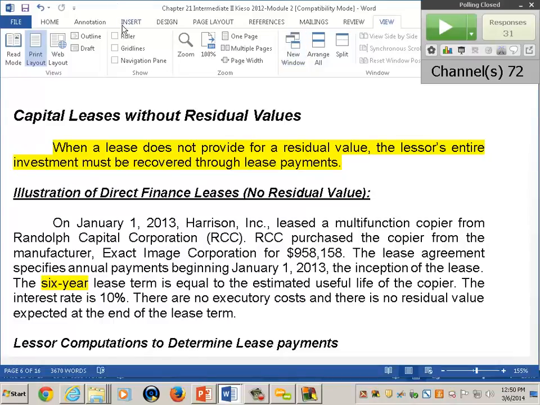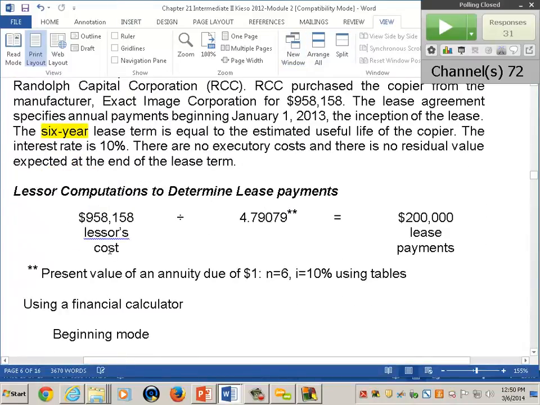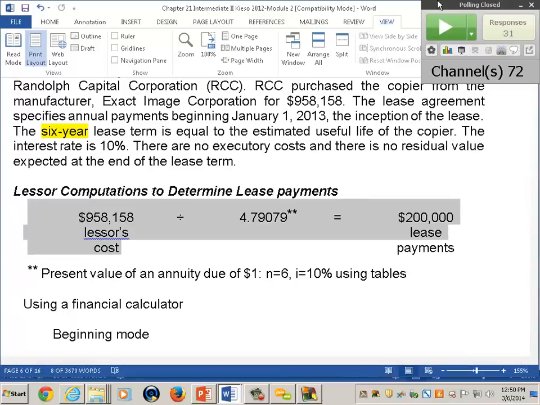In this case, the normal selling price of the asset is $958,158. I need to determine how much the payments should be in order to recover my cost as well as giving me a 10% rate of return. And if I took the factor for the present value of an annuity in advance for 6 years at 10% and divided that into the fair value or the selling price, I would get back lease payments of $200.